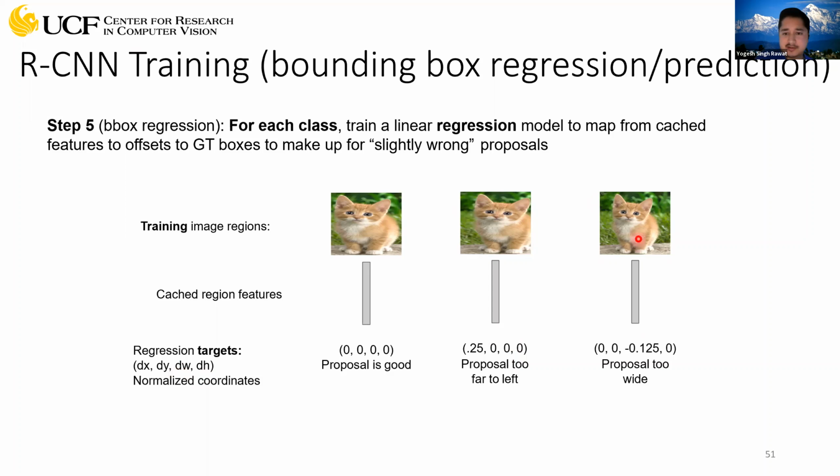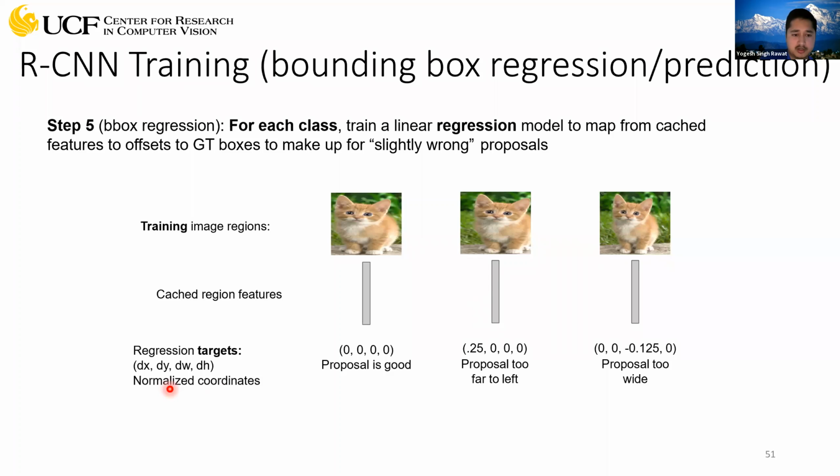Okay, so let's consider one more example. Again, this bounding box is much bigger than what we need for this cat. And in this case, the cat is just at the center, right? So the Y position is fine. The X position of the center is also fine.